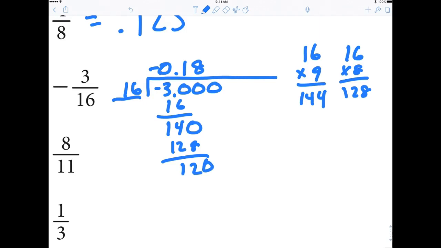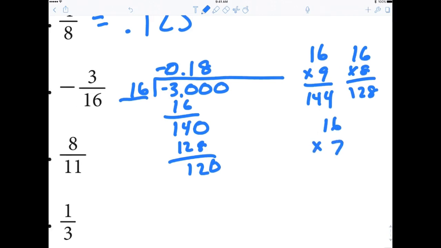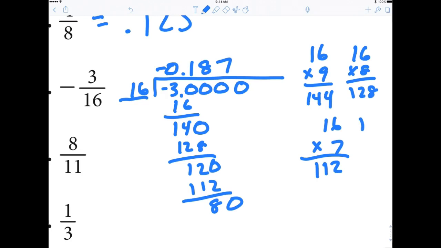Now, 16 times 8 was too much, so it's got to be 16 times what? 7. 16 times 7, 70 plus 42, is 112, right? Is that right? 112? All right, so now I do 7, 112, 8 now, right? And then 16 times 5 is 80, right? Just to make sure. 50 plus 30.